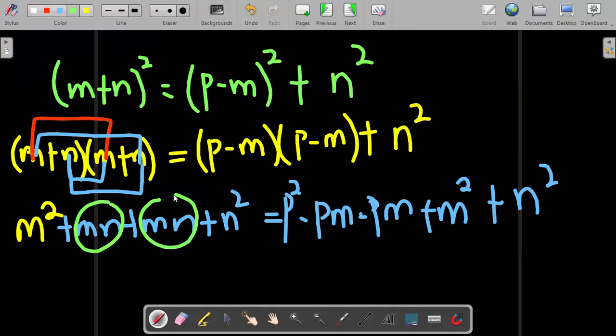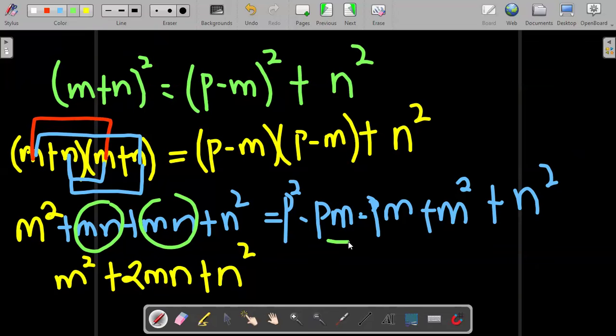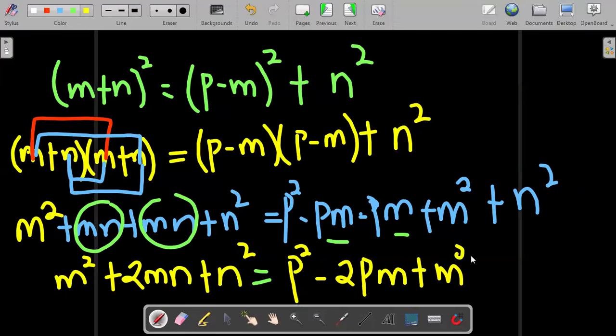That will give me m squared plus mn plus mn will give us what? 2mn. Then n squared. I can add these two together, because they are the same. If I add them together, I'm going to have p squared minus 2pm plus m squared plus n squared.